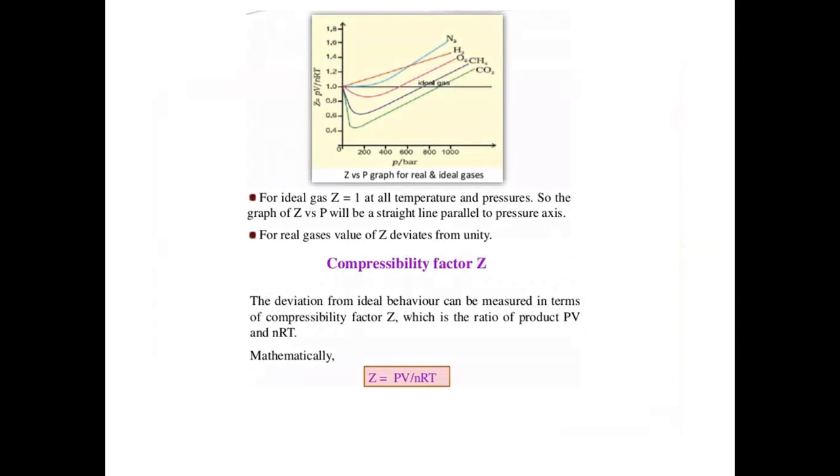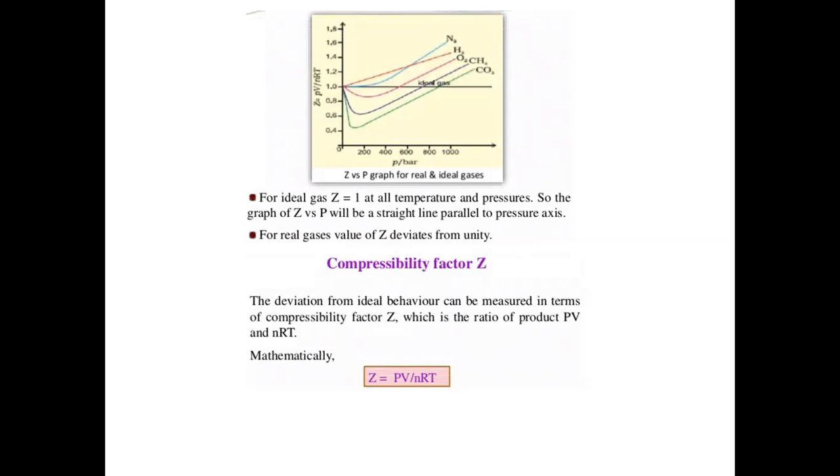So students, for ideal gas behavior, the compressibility factor value is 1, right? But for real gases, it is not equal to 1. It is either greater than 1 or smaller than 1. Clear? So compressibility factor just shows us the deviation from ideal behavior.